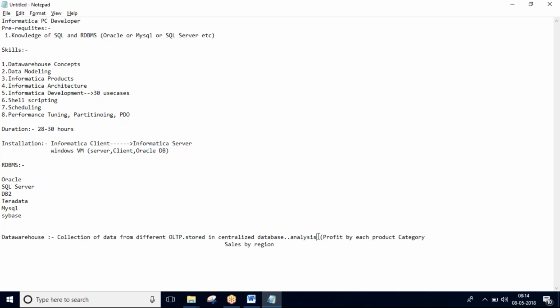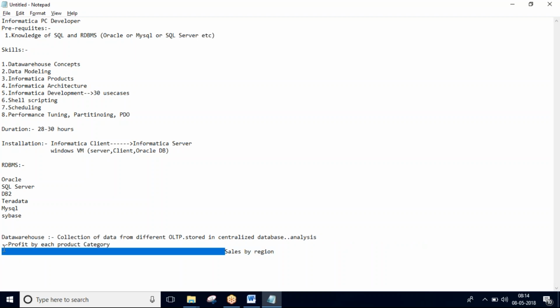Now when I am building the data warehouse, I can choose any database as my data warehouse. I can choose SQL Server, or Oracle, or DB2 or Teradata, Sybase, Netezza, Greenplum. Any database can be a data warehouse where we are collecting the data from different transactional systems and storing it in a centralized place.